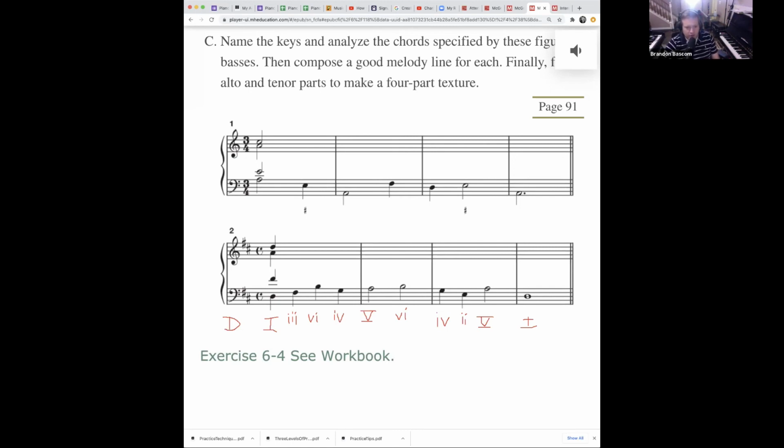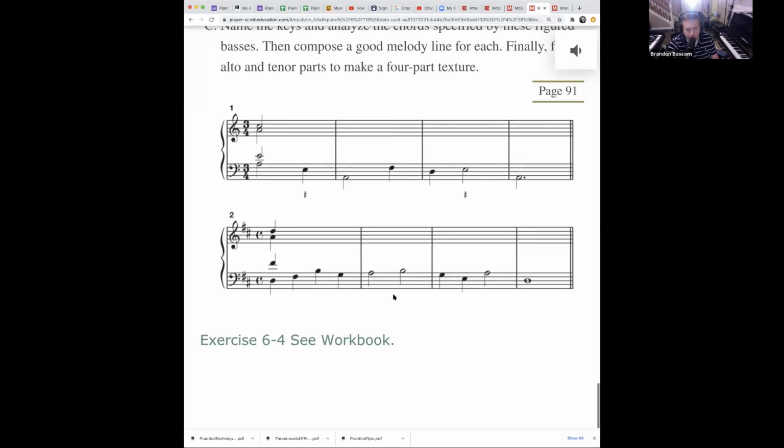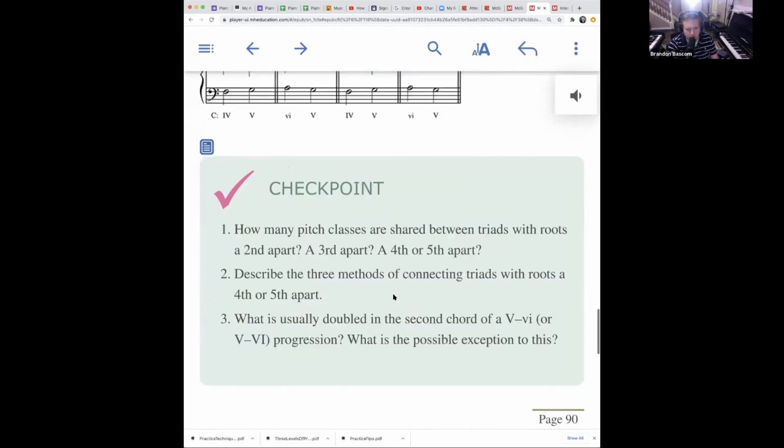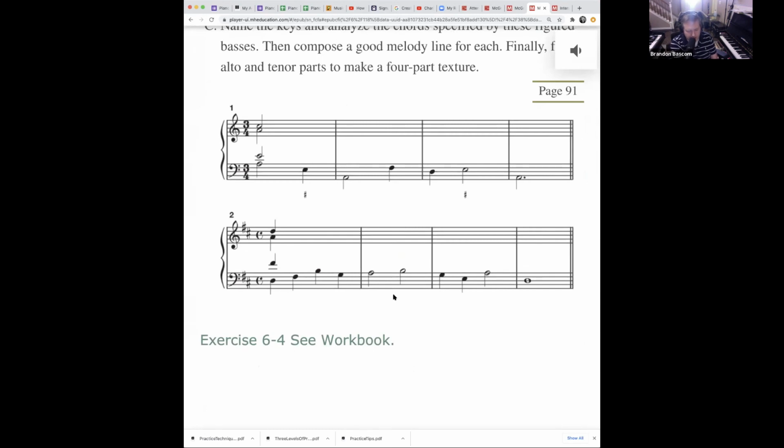All right, and then we would write these chords out following proper part writing norms. Okay, so that's on there. And then they do the opposite of this as well, which is going to be brutal, where they give us a melody, and we have to come up with a bass line and inner parts.